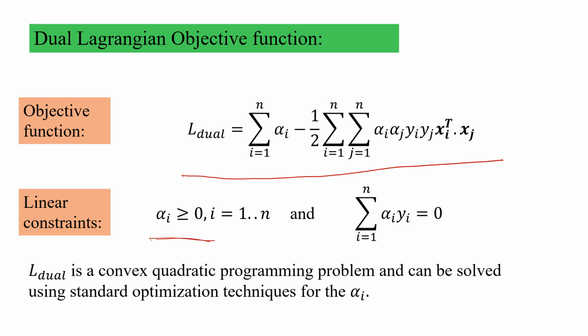And the constraints are that alpha i are all positive and this sum is equal to 0. Now, we can solve this L dual using any quadratic problem solver and get the values of alpha i.